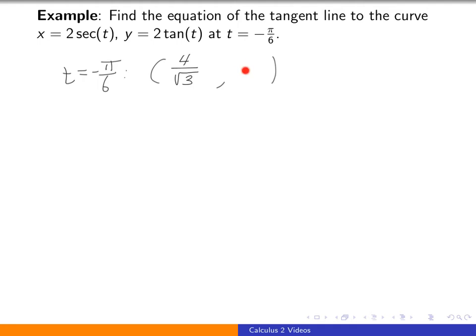Similarly, for the y coordinate of the point, we need to plug minus pi over 6 into tangent. Tangent of minus pi over 6 is minus 1 over root 3, but we have that extra 2 out front. So minus 2 over square root of 3. So now that we have our point, the second piece of information we need is the formula for the derivative.